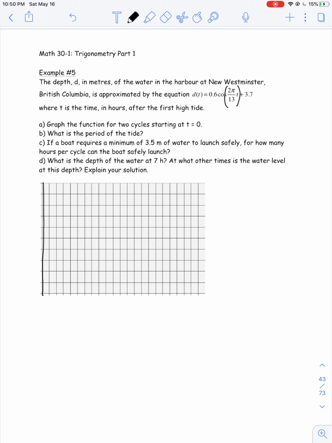Make sure that you are in radian mode, of course. And then you are going to have to change your window. So what can help you to figure out your window is looking at your midline. So we know that our midline is at 3.7. So we want to be above the x-axis for that.